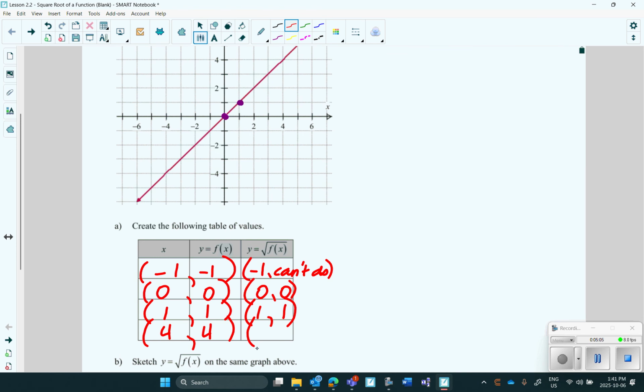What does the point become on the square root one? 4, 2. Because remember, we're taking the square root. And doesn't that make sense with how we graph these things?